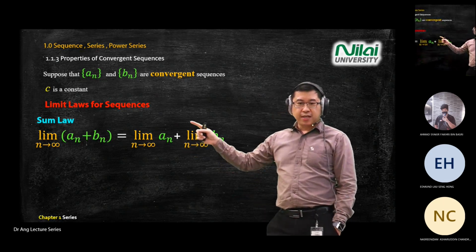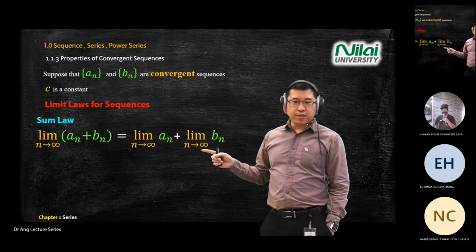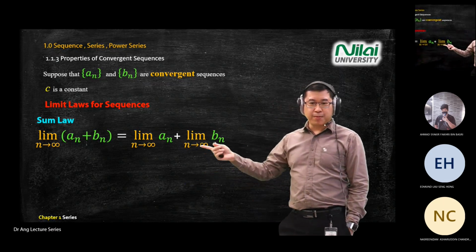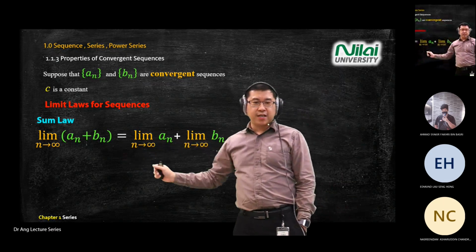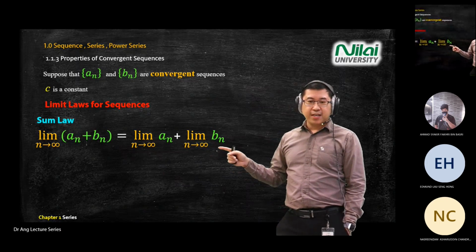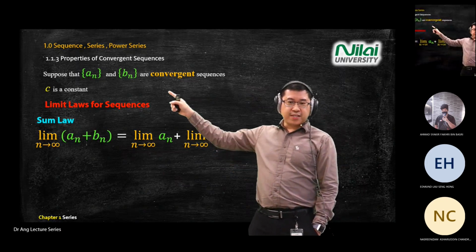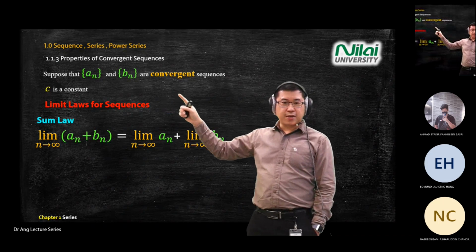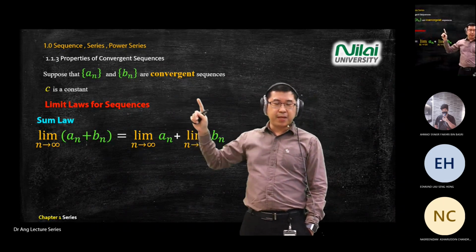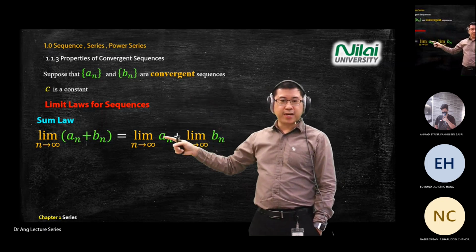What does it mean? If you want to use this law, the first law is called the sum law because it's addition. If you want to use this first equation, your first sequence and second sequence, a_n and b_n, must be convergent. Only then can you use this.